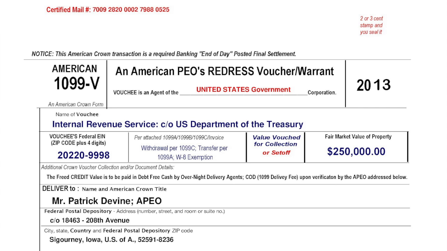It's awful funny that the IRS never had a 1099-V in their system. They had a 1041, they had a 1040-V, but they had no 1099-V because they didn't want us to know that we could do an American tax collection.